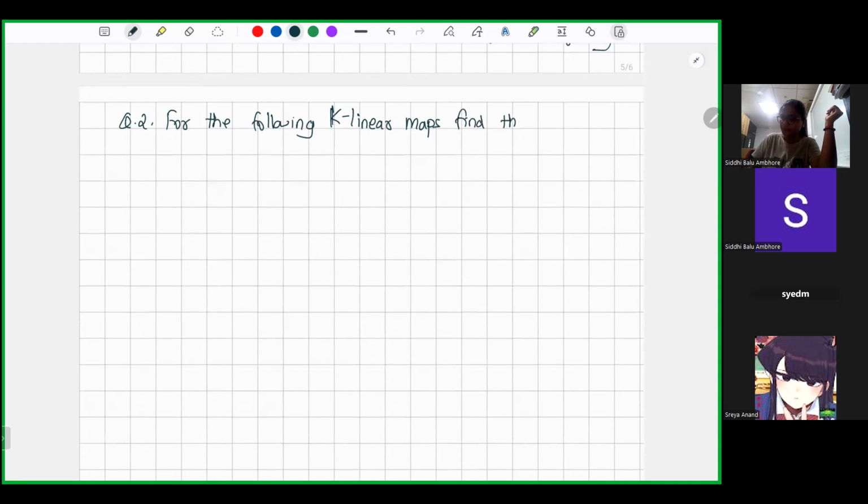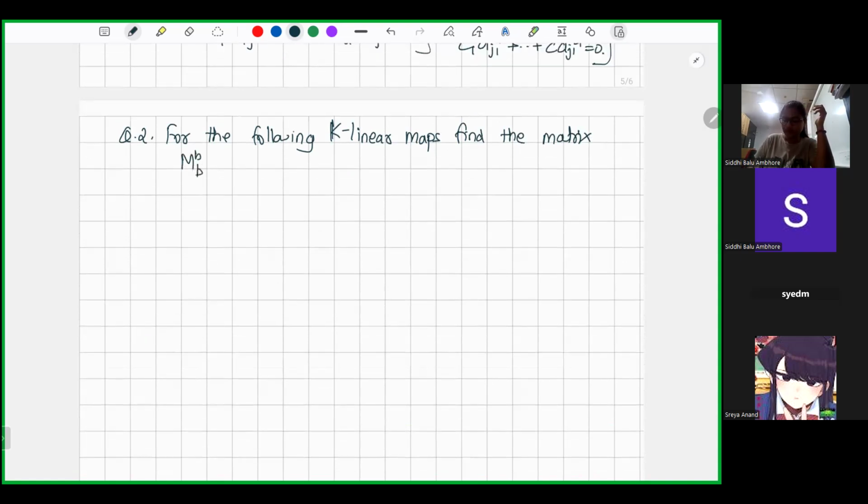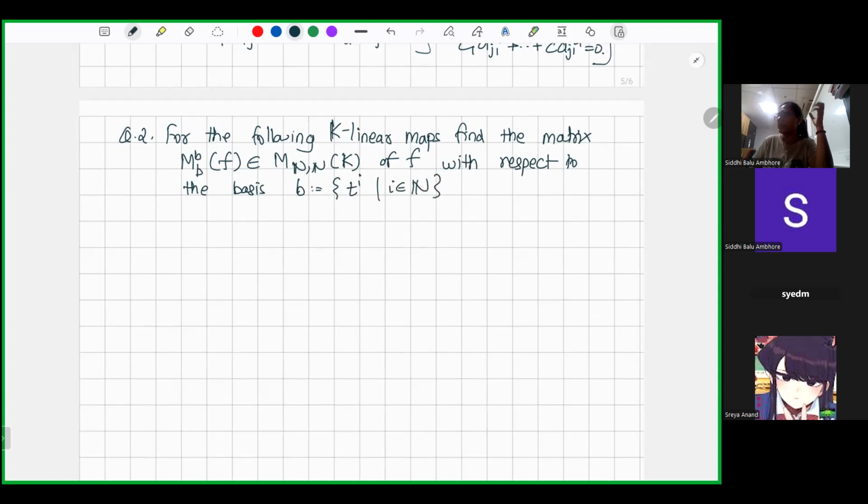Find the matrix M_BB(F) in M_NN(K) of F with respect to the basis B equal to t^i, i from the natural numbers, of the polynomial algebra K[t].